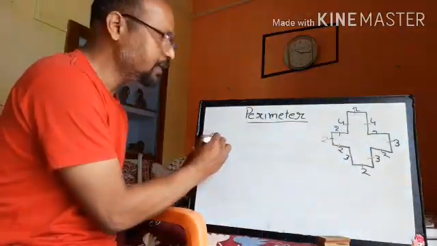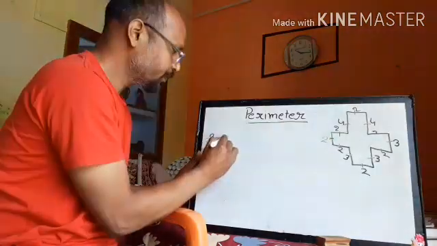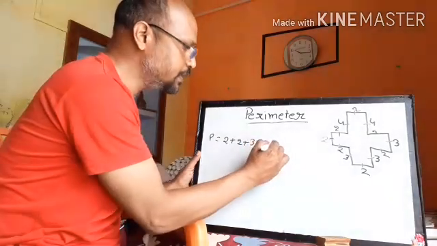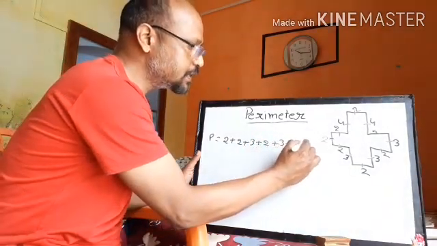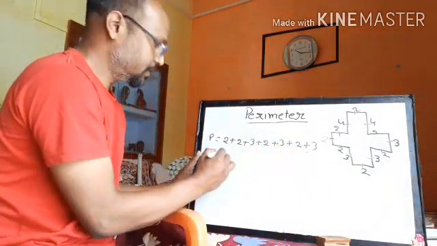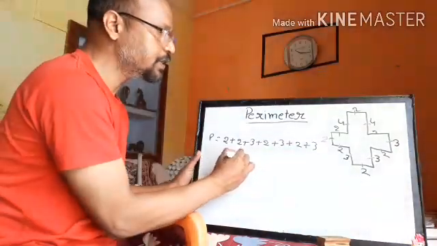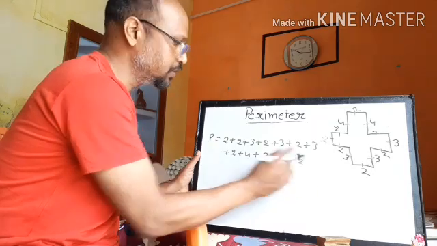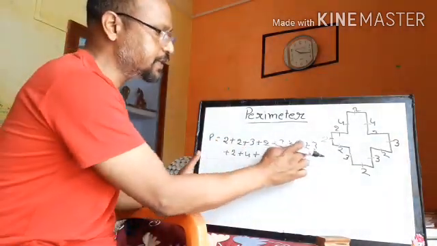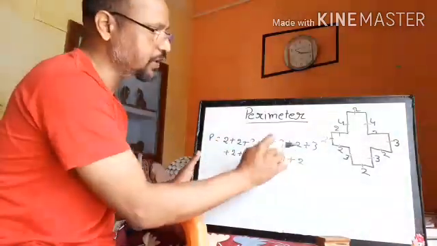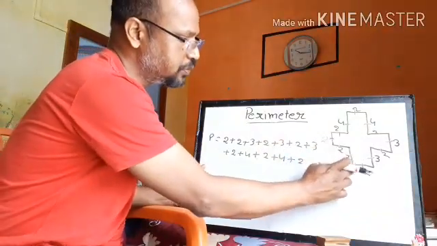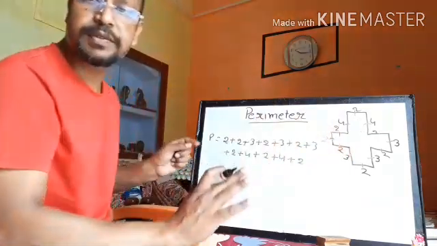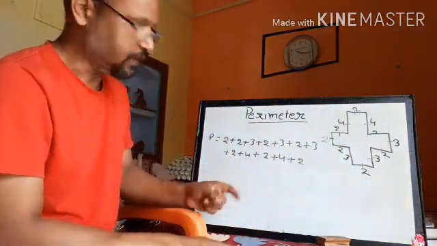So the perimeter will be, let's start from here, 2 plus 2 plus 3 plus 2 plus 3 plus 2 plus 3 plus 2 plus 4 plus 2 plus 4 plus 2. So 12 numbers are here.